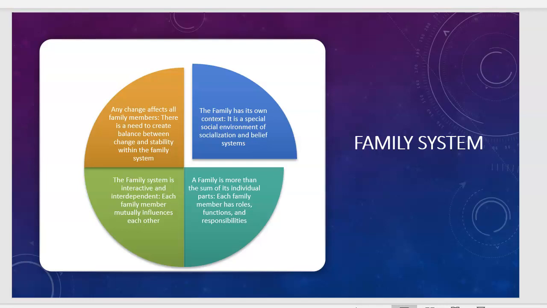So this means two things. One, that a change that occurs or that happens to one family member is going to impact the whole family unit. So think about a job loss. One of the parents or one of the partners loses their job.